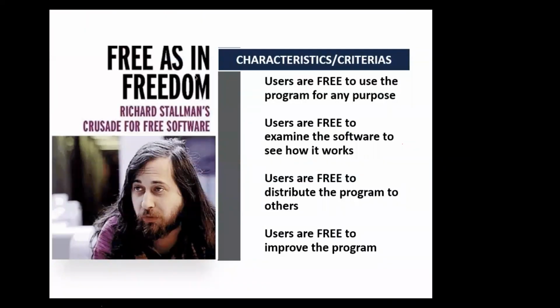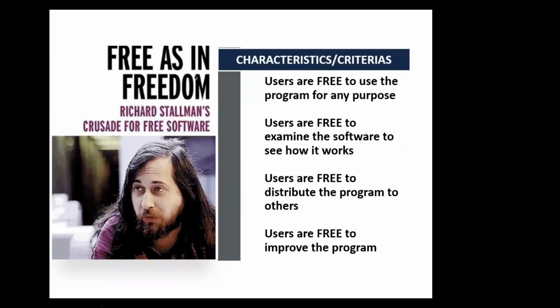The basic characteristic of free software, as defined by its creator and leading advocate Richard Stallman, is that the user is free to make decisions on the use of the software code. Free software is seen in terms of liberty rather than price. It is described in terms of the user's freedom to run, copy, distribute, study, change, and improve the software.